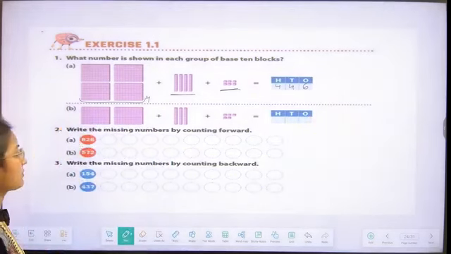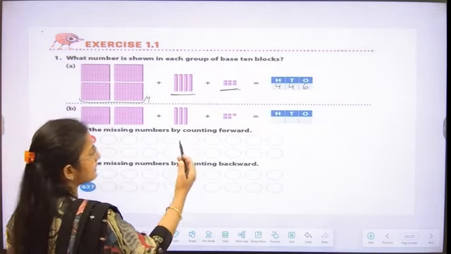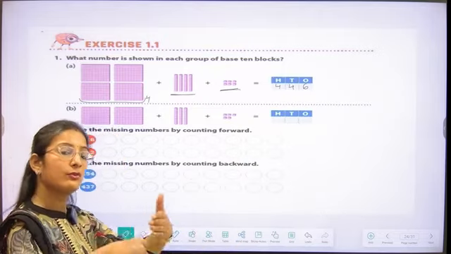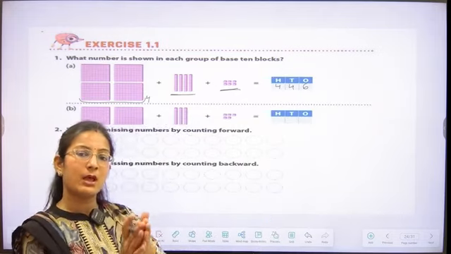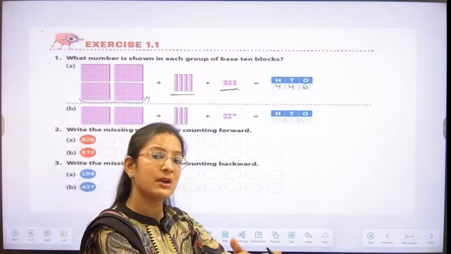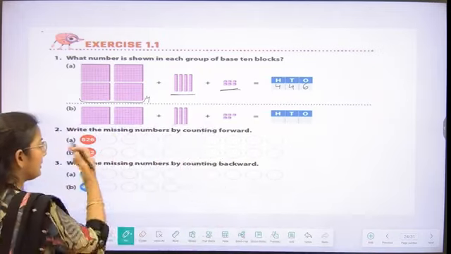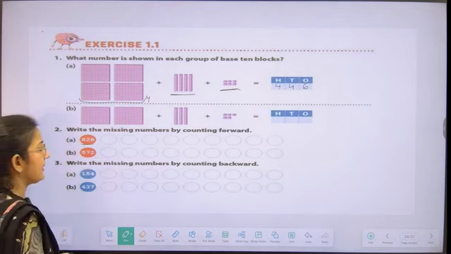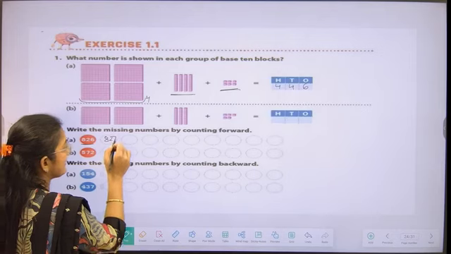Now moving to the next one, what we have to do? We have to write the missing numbers by counting forward. We have to do the forward counting. That means we write the number, then the number which comes after that number, then after that number. Let's do the first one with me. Our first number is 826. After 826, we are having 827.